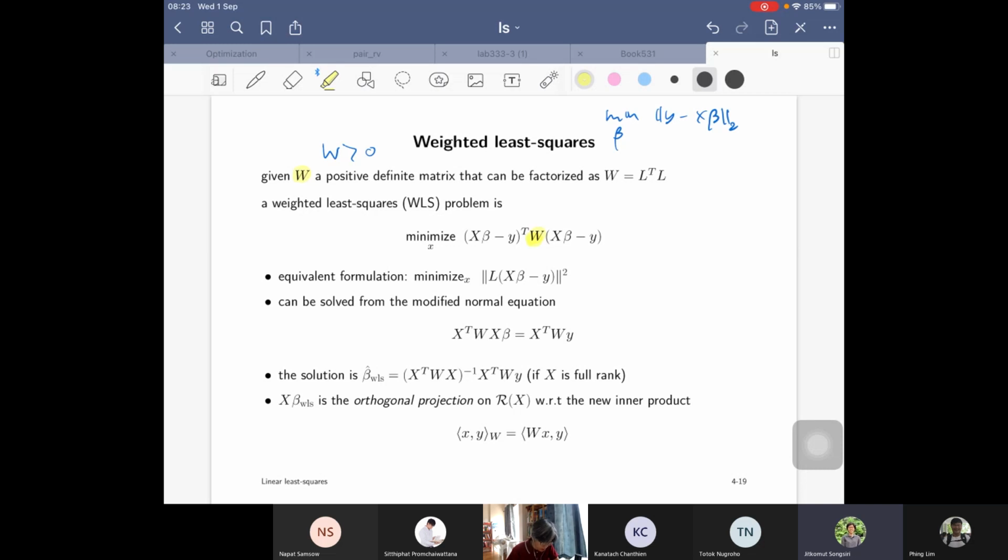That's the formulation. And when W is a positive definite matrix, you can always factorize it as L transpose L. You can use any kind of factorization, Cholesky, eigenvalue decomposition, and there are many ways. Suppose you have this factor, sometimes we call L the square root.